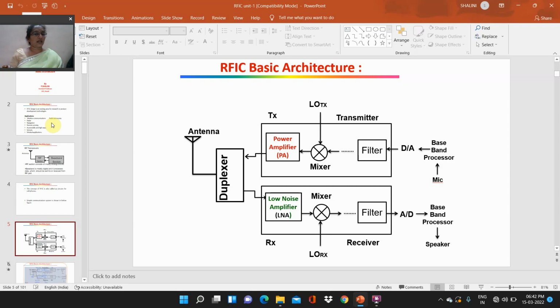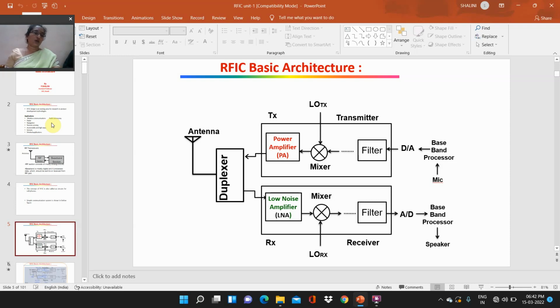In the mixer, the signal from the filter is mixed with the signal from the local oscillator, which increases the range of the frequency, and that signal will be sent to the power amplifier.